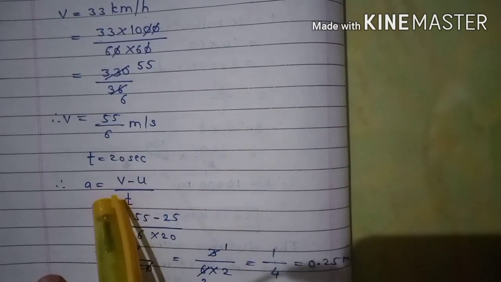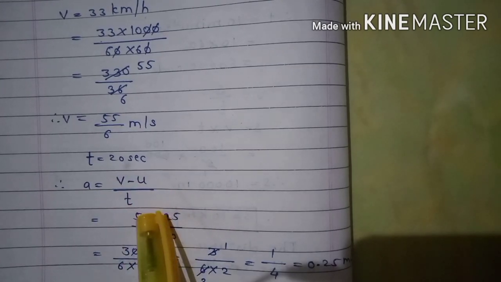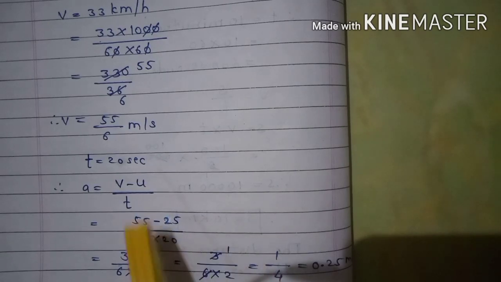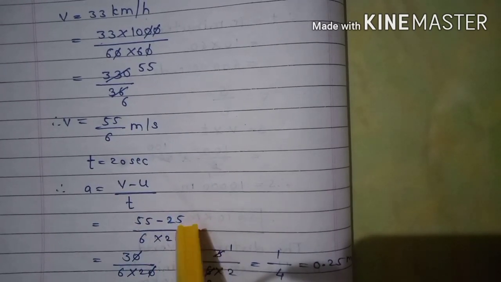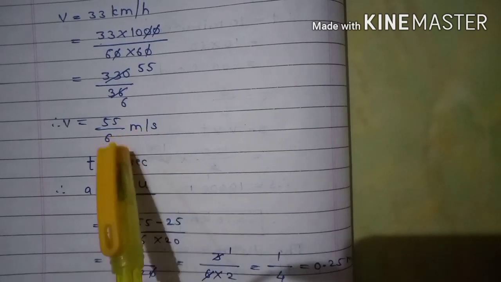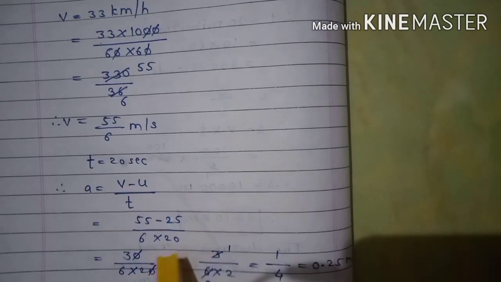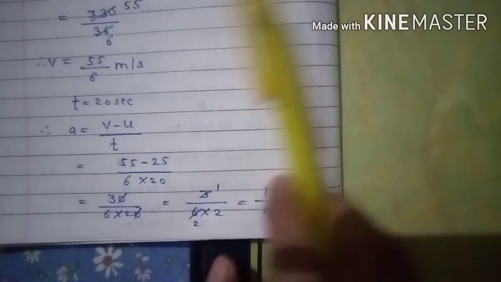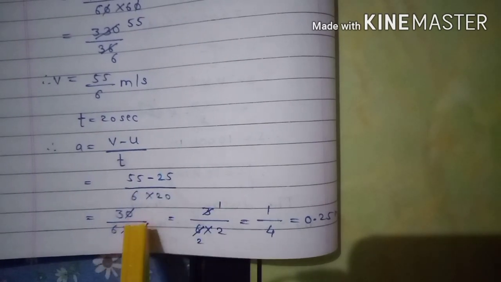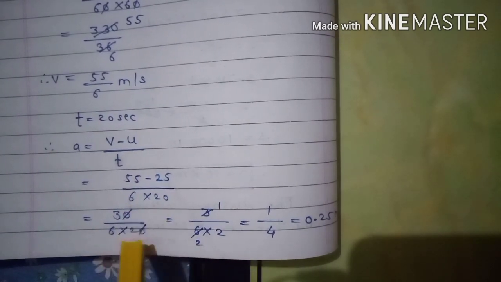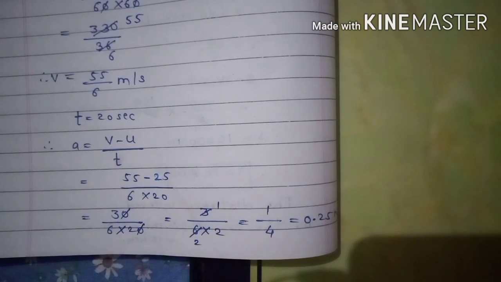So therefore acceleration A is equal to V minus U upon t. This is the formula of acceleration. Now I will put the values: 55 minus 25 upon 6 common factor into t, that is 20. Now 55 minus 25 is 30 upon 6 into 20 as it is. Here the numerator's 0 and denominator's 0 will cancel.